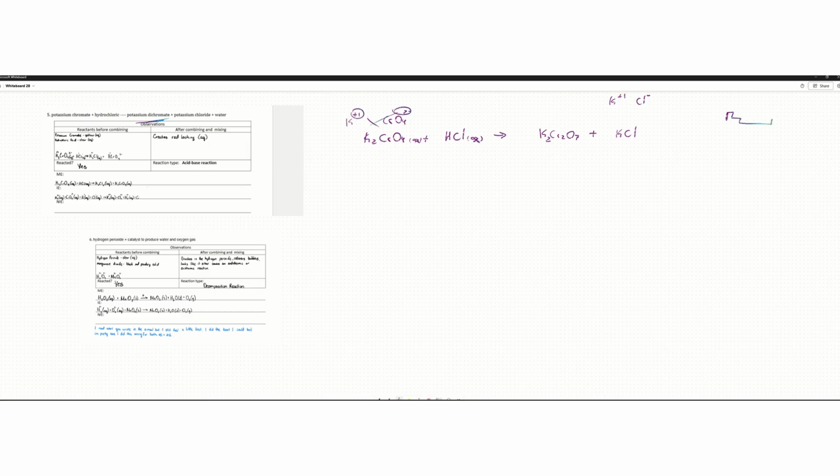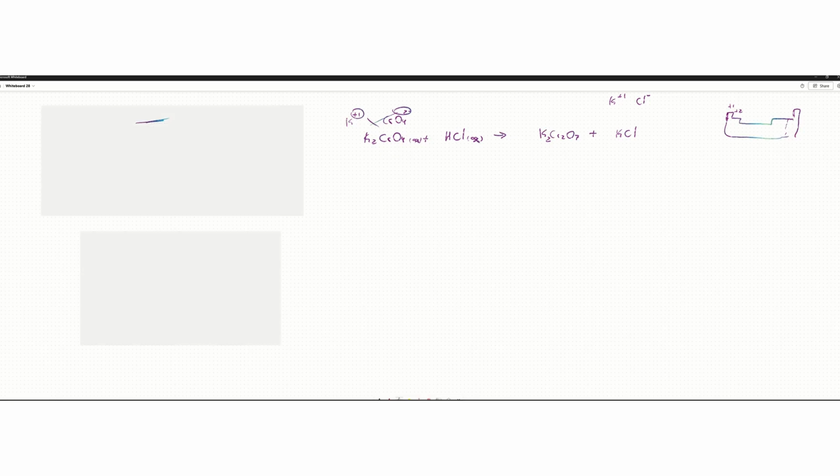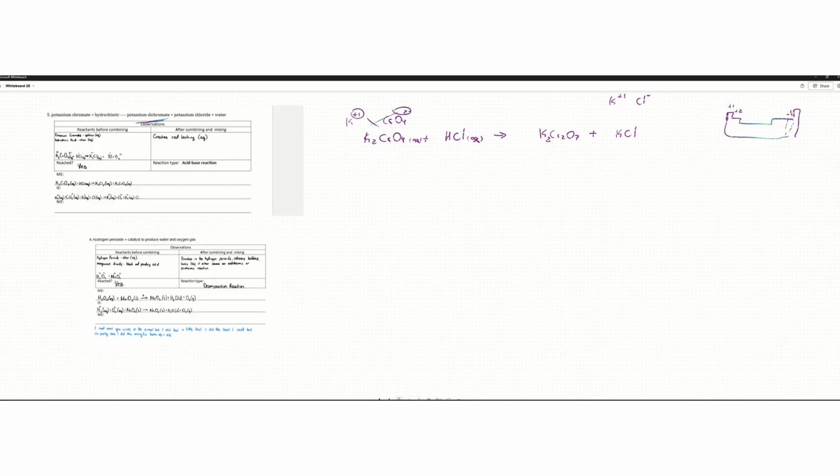So if you see the periodic table over here, look. We have +1 for group 1, +2 for group 2, and for group 17 we have 7 valence electrons. So all the atoms in this group need one more electron to be stable like a noble gas. So here will be -1.